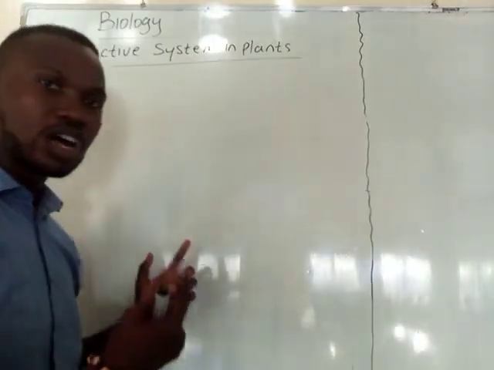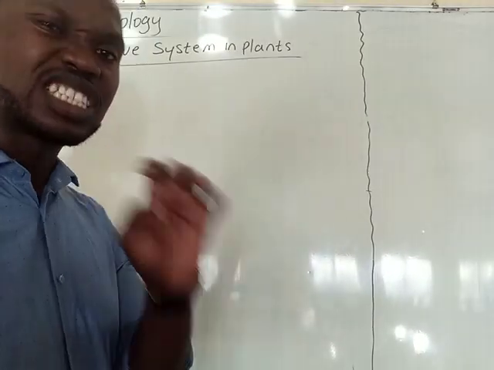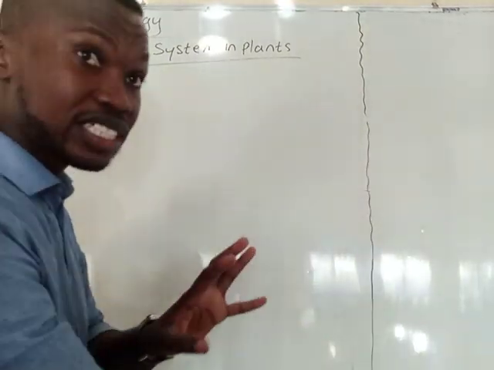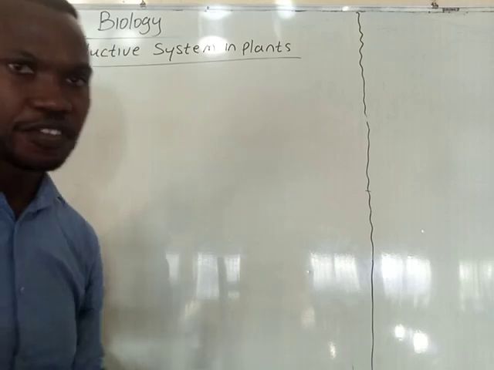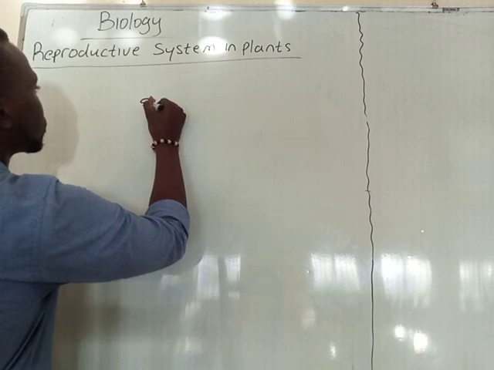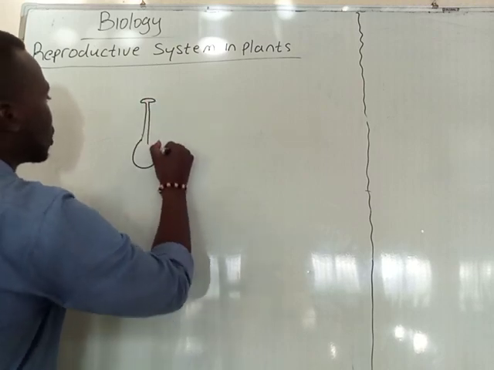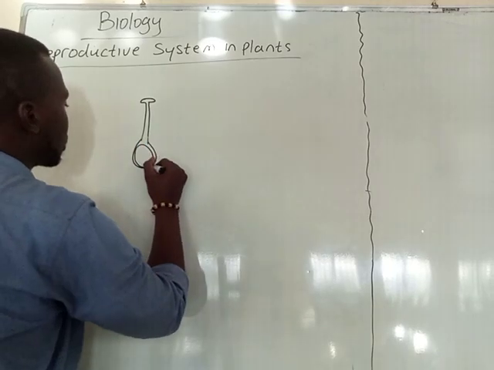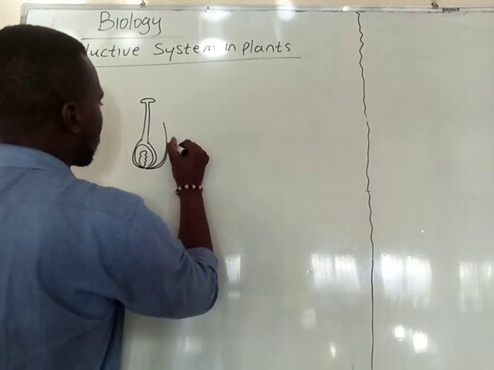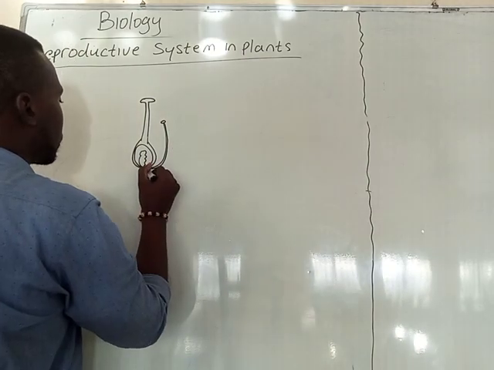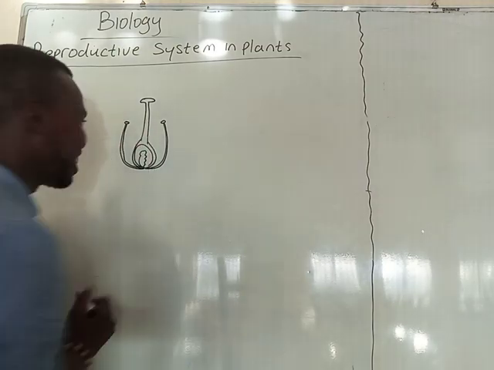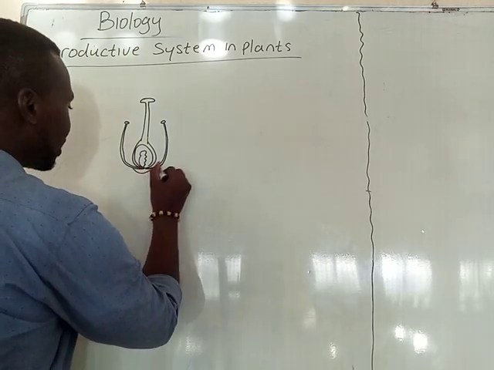Now, I'm going to draw a longitudinal section of a typical flower. I'm going to label it and show you the female part, the male part, and their functions. So I'm drawing it right now. Something like this. It's a fine shape, yeah, I know, I'm a bit of an artist.